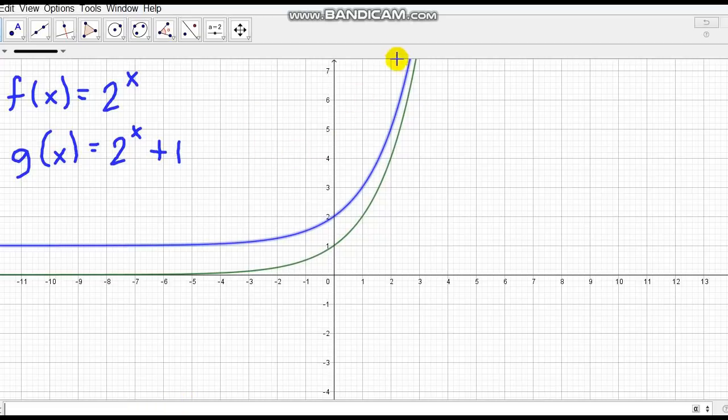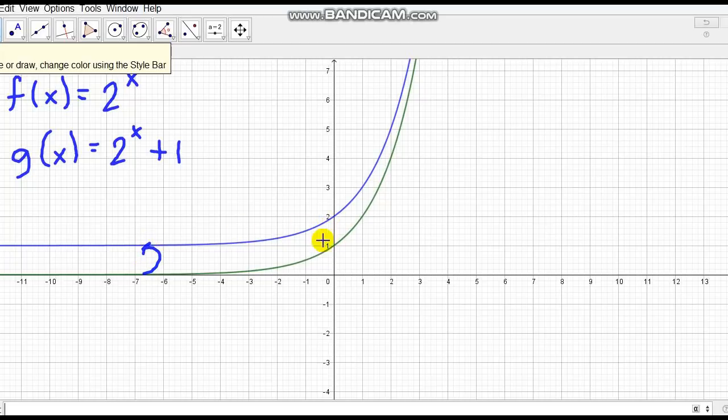As we can see here, the new graph is not asymptotic to the x-axis, but instead it is asymptotic to the horizontal line y equals 1. And if we observe the points here, all of the points moved 1 unit upward.